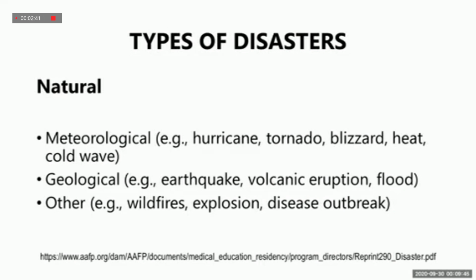For geological, this would include earthquakes, movement or shaking of the ground, volcanic eruptions, as well as the occurrence of flood. Others would include wildfires, explosion, and disease outbreak, which we are currently in, a pandemic.